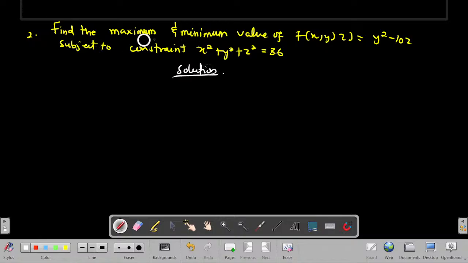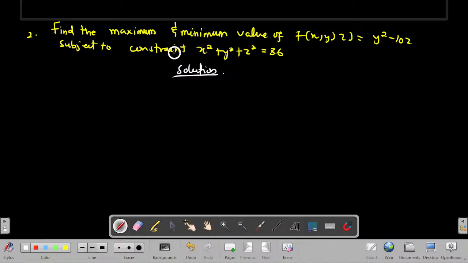Find the minimum of x, y, z, given as y squared, subject to constraint x squared plus y squared equal to 10.